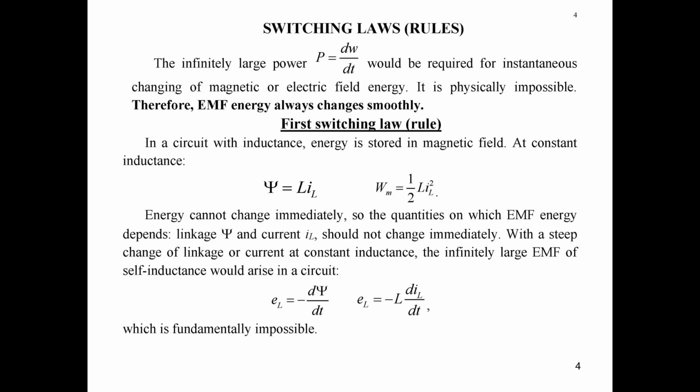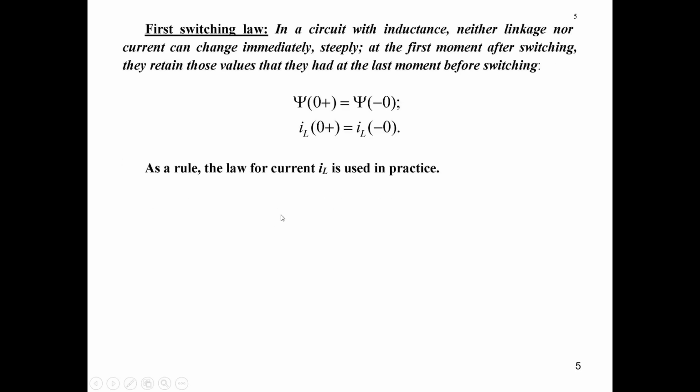And there are two switching laws which should be fulfilled. The first switching law: current through inductance cannot change immediately at the moment of switching. It retains its value, the same value as was before commutation, just after commutation.